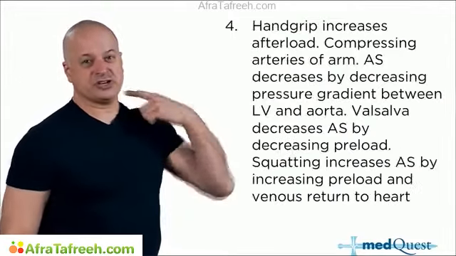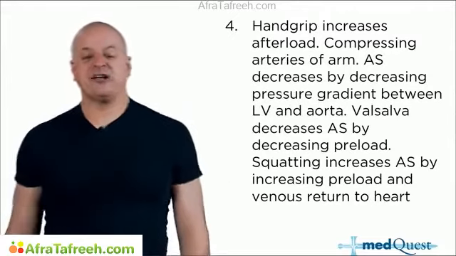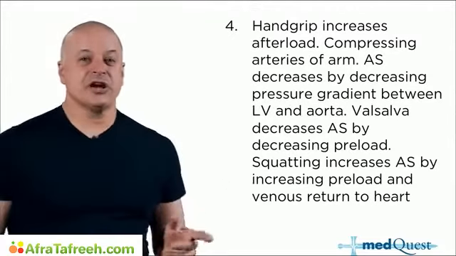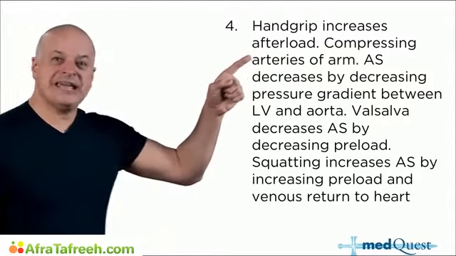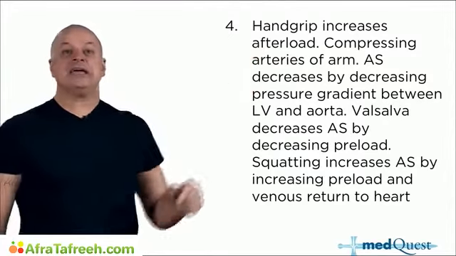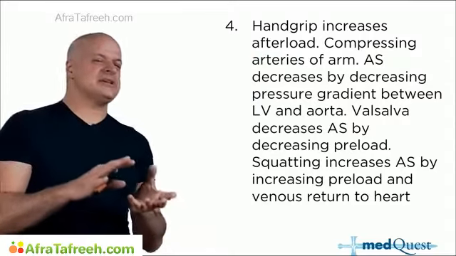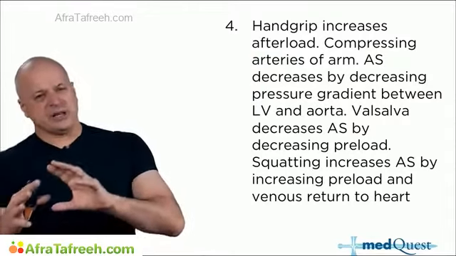Now, the basic thing is that aortic stenosis radiates to the carotid, mitral regurg radiates to the axilla. Hand grip increases afterload. Does that make it easier or harder for blood to leave the heart?